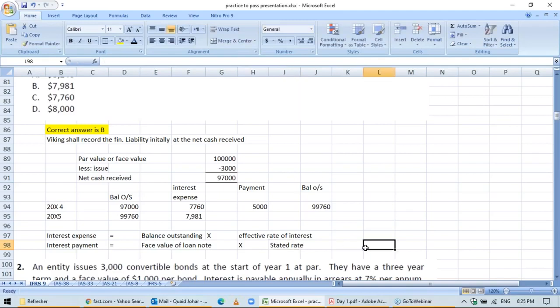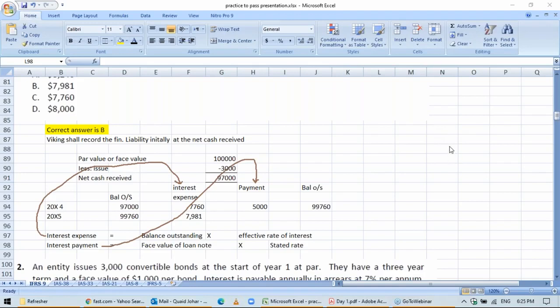Right? So the interest expense calculated by me is using this formula: balance outstanding into the effective rate, and the interest payment has been recognized using the face value of the loan note, which was 100,000, and the stated rate, which was 5%. So this is the point that you should remember in this question.